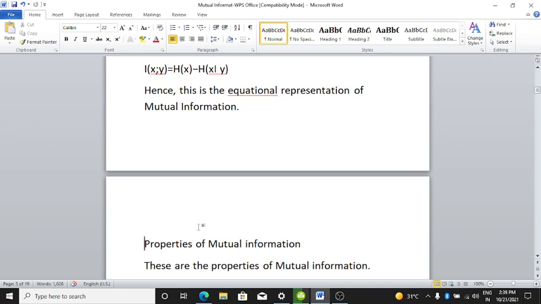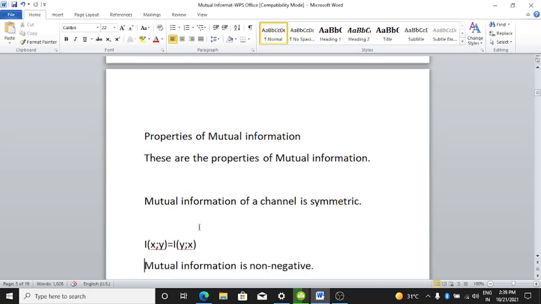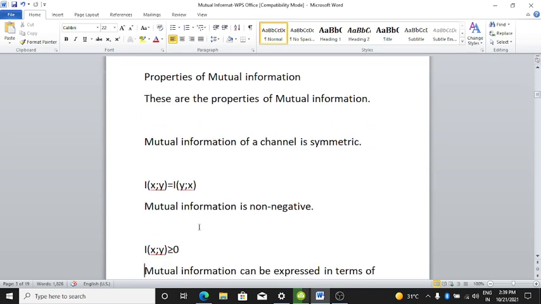Properties of mutual information. These are the properties of mutual information. First, the mutual information of a channel is symmetric. It is represented in equational form as I of x,y is equal to I of y,x. Second property: mutual information is non-negative.